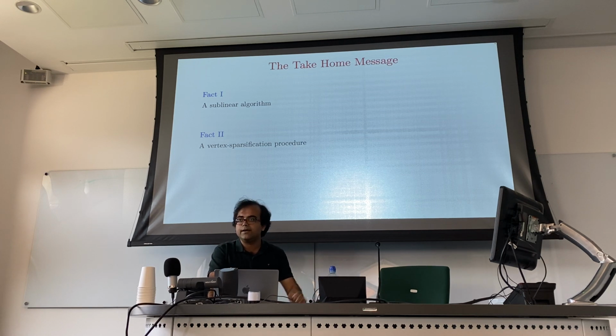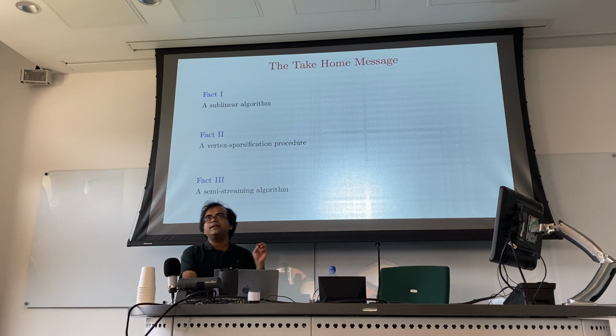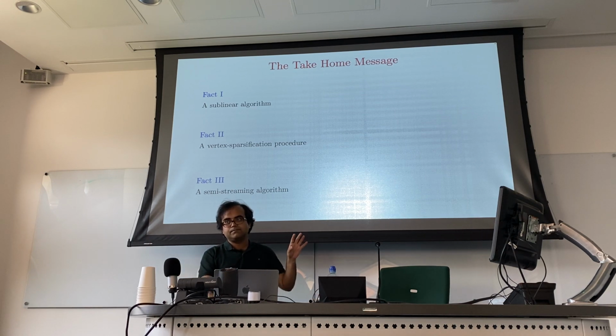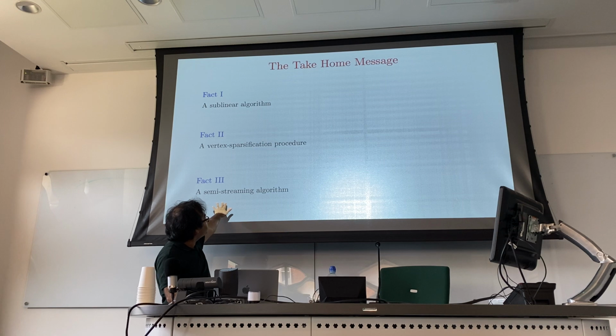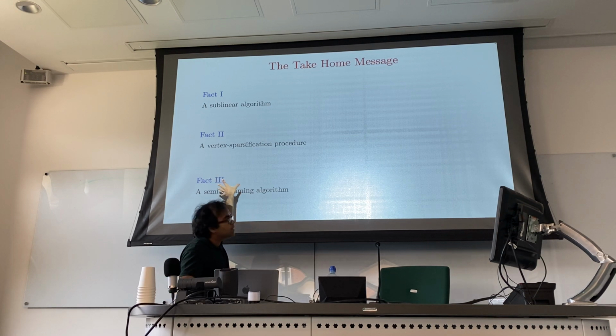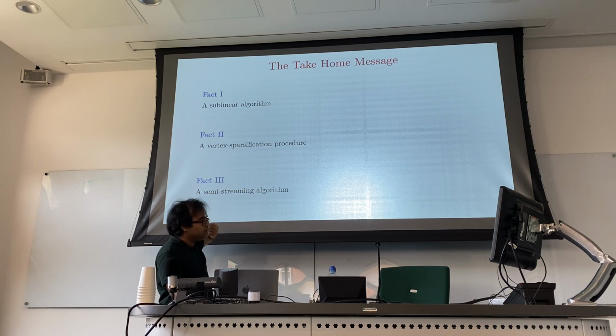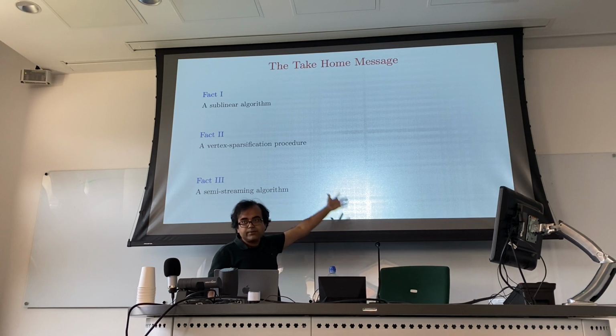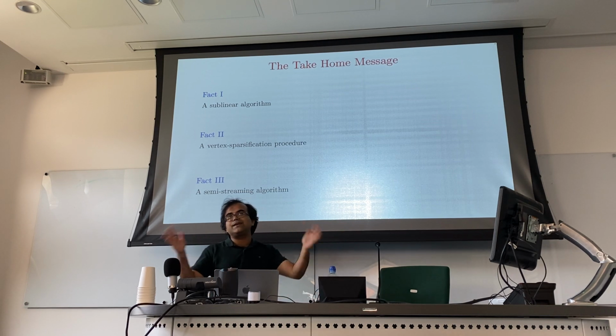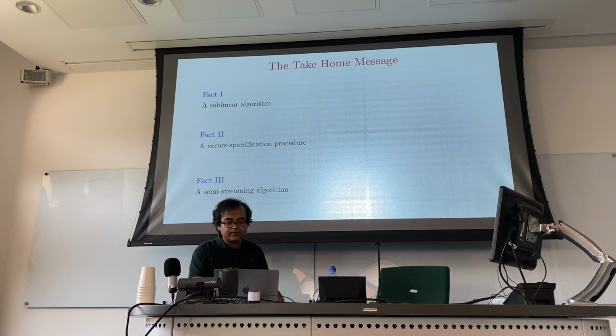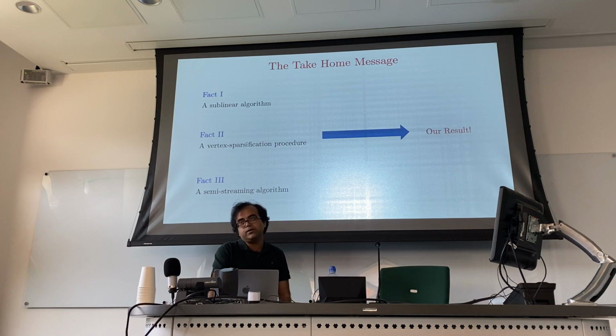This was also already available. And the third was that there is a very nice semi-streaming algorithm. It's a different model of computation. You don't need to understand the definition if you haven't encountered this before. But there was a nice semi-streaming algorithm for matching. And if you just stare at these 3 facts together, it sort of becomes apparent what you need to do. You just get our result.